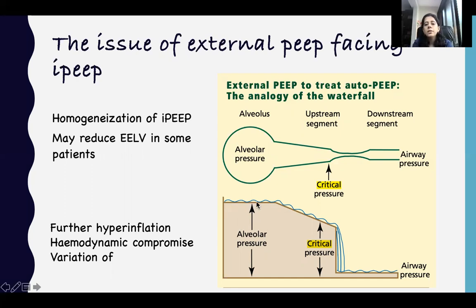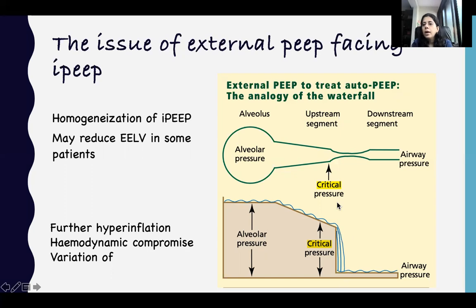If you imagine a waterfall wherein this is the alveolar pressure, the pressure existing in this alveoli, whose airway is completely cut off from the central airway, that is the trachea, the critical pressure at which the airway has closed is the point at which this waterfall begins. So I have to give an extrinsic PEEP which remains below this critical pressure. I have to make sure my PEEP does not cross this critical pressure.